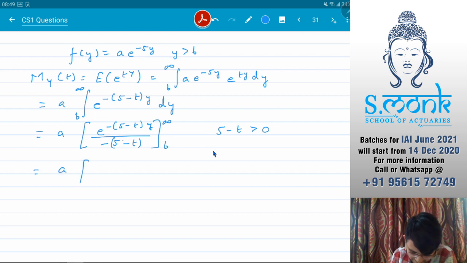So I'll have a. If I substitute infinite, it would be 0. If I substitute b, it is going to be just b, and minus sign will go away because it would be a lower limit. So this becomes nothing but e raised to minus 5 minus t b upon 5 minus t, where our t must be less than 5.